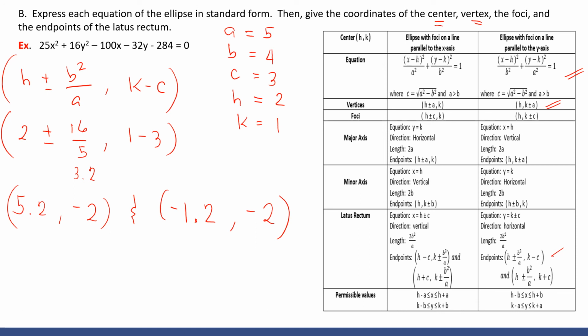This pattern says h plus minus b squared over a, and then k plus c. So this will become plus, plus. Therefore, we have 5.2, 1 plus 3 is 4, okay? And the other is what? Negative 1.2, okay? Comma, and then 4. So these are the coordinates of the latus rectum. Okay? Ayos.